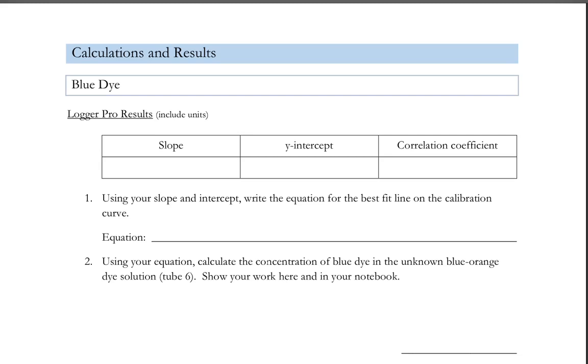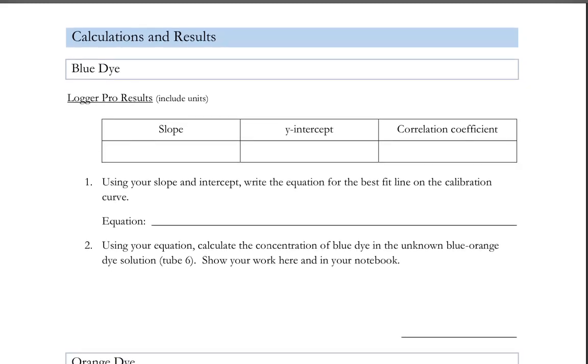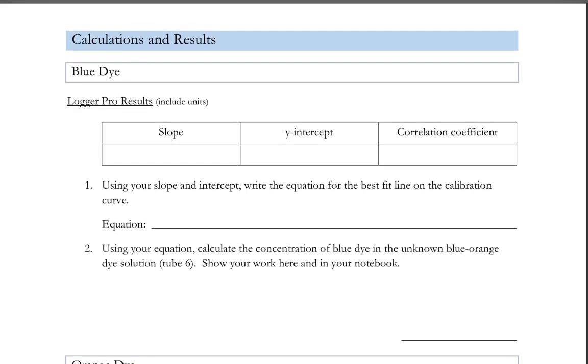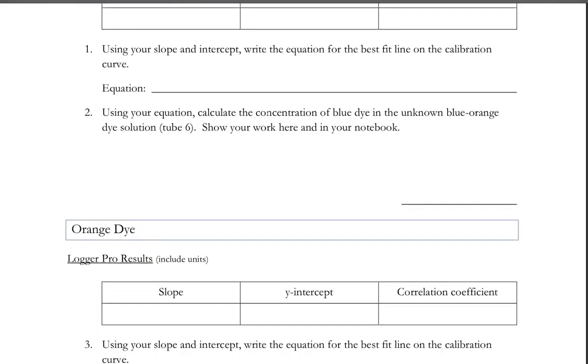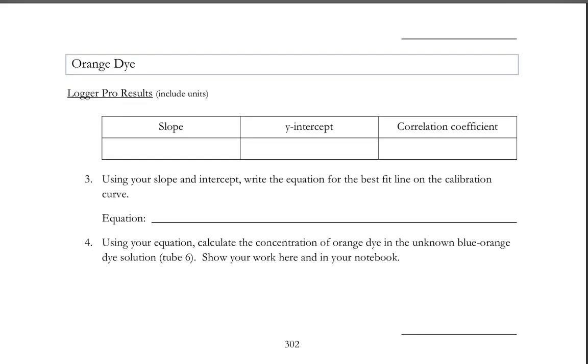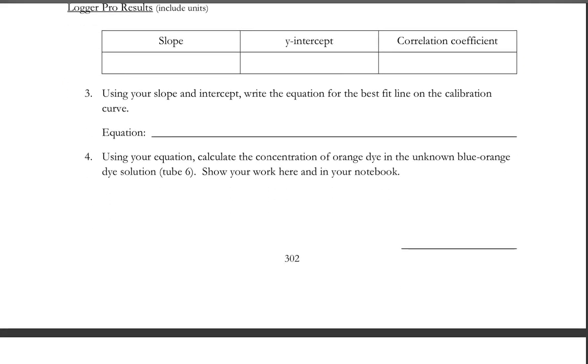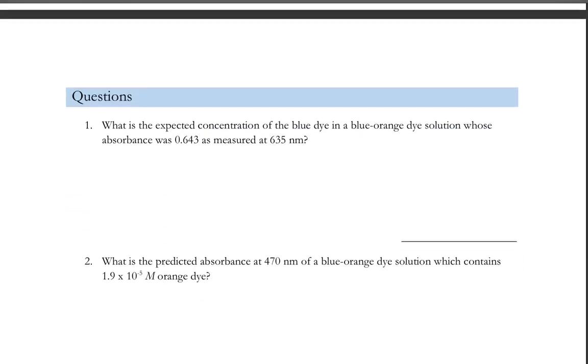And then using the absorbance of our unknown in the blue part of it, given the analytical wavelength we were working at, we use that equation from question 1 here to give the concentration. Then we do the same thing for the orange dye part. So now at this point we will have concentrations for both components, and then there's a few questions.